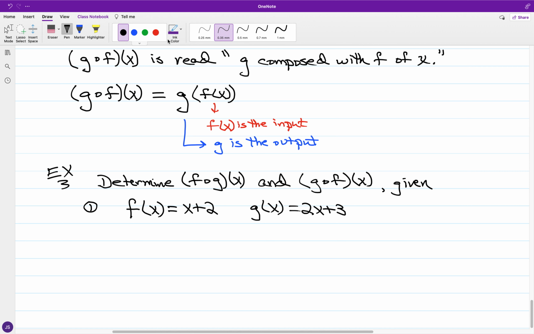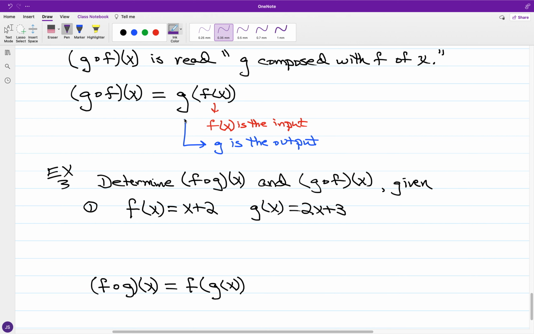Again, for f composed with g of x, you have f of g of x.